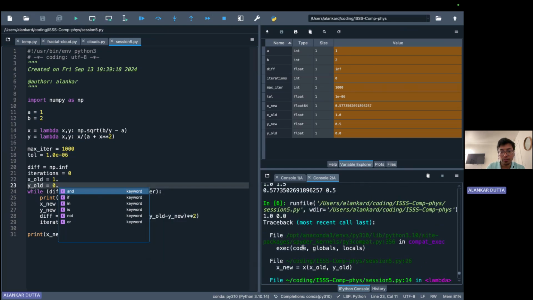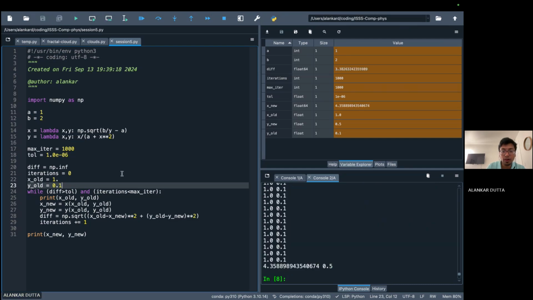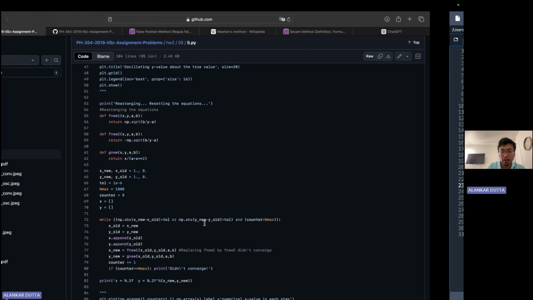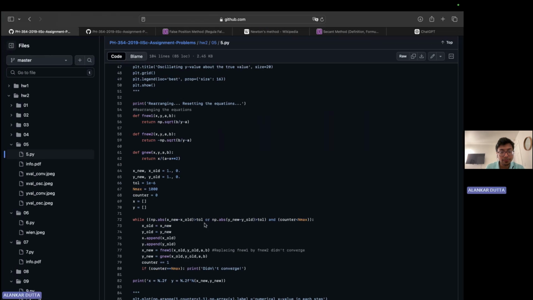Yeah, so we will get something like a divide by zero error because B by Y is there. So let's say 0.1, and let's see what's happening in here.